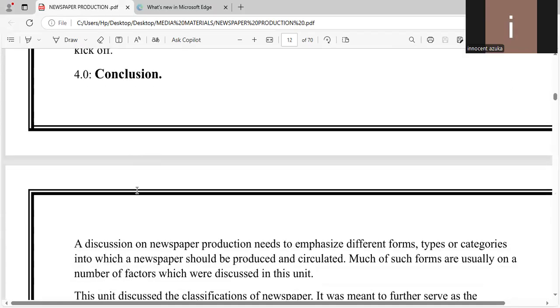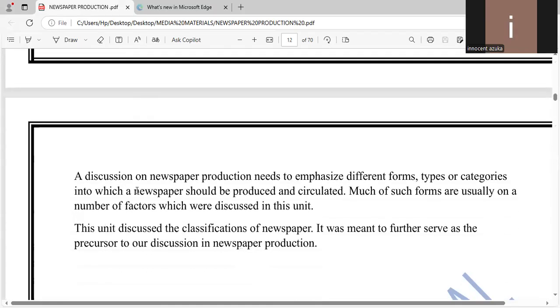So what I am trying to say is that newspaper production needs to emphasize different forms and types. We have succeeded in discussing that newspapers come in different forms, types, and categories into which newspapers are produced and circulated.